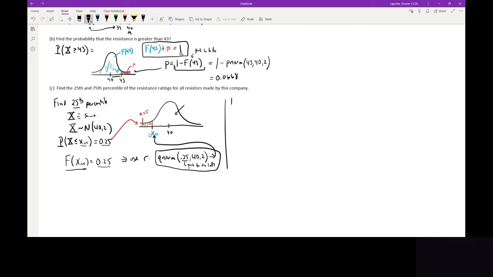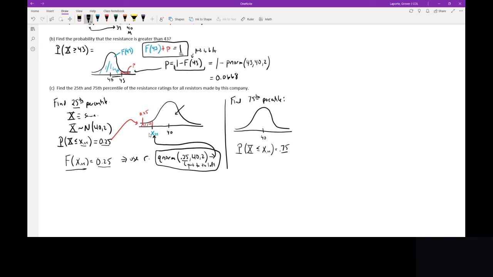So I'm trying to find two of them. I'm trying to find the 75th percentile, using the same business. So let's see what that looks like. Again, this is 40, and the probability that x is less than or equal to some number, we don't know what it is but we're looking for it, is equal to 0.75.